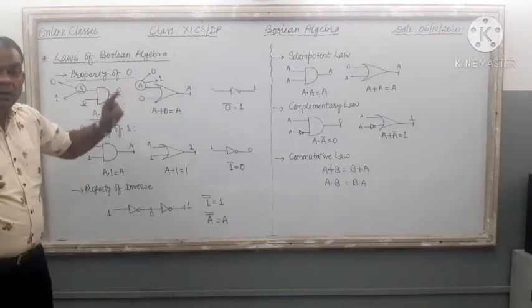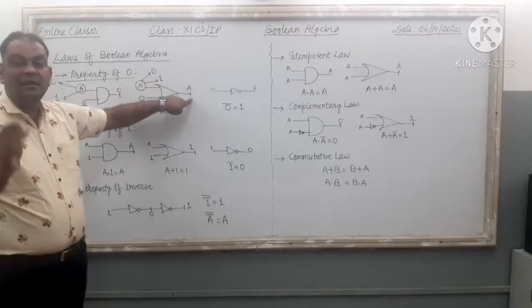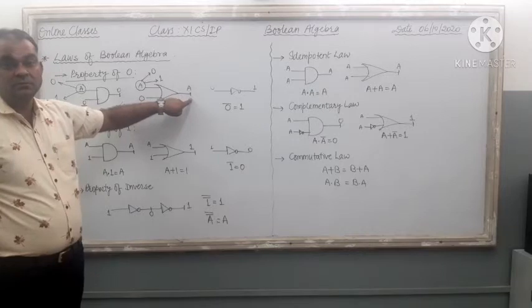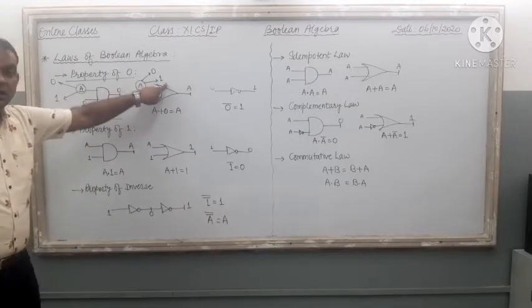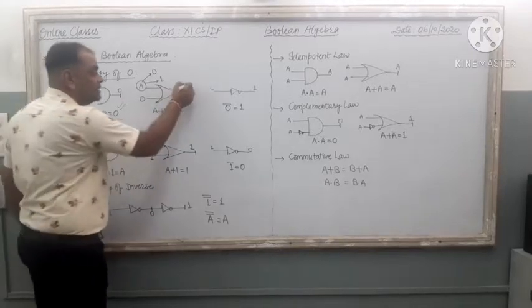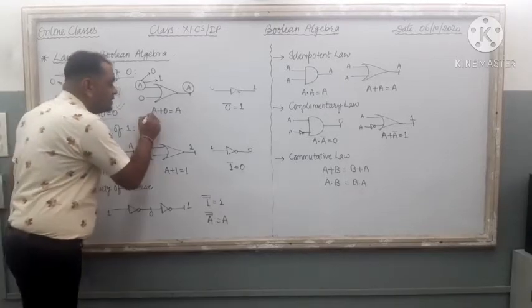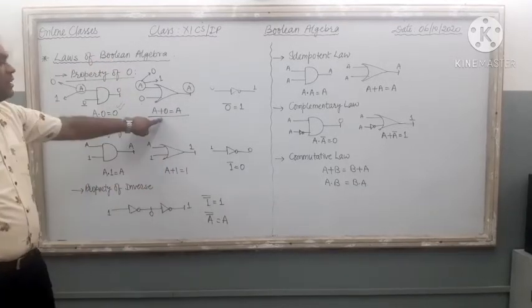It is 1. Means, when the value of A is 0, here the result 0 plus 0 equal to 0. When the value of A is 1, here the result 0 plus 1 equal to 1. Means the result is totally depend upon the value of A. So we can say A plus 0 equal to A.